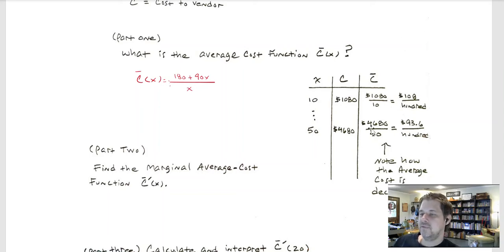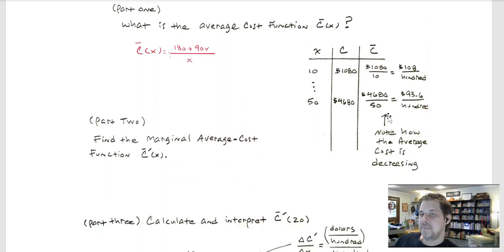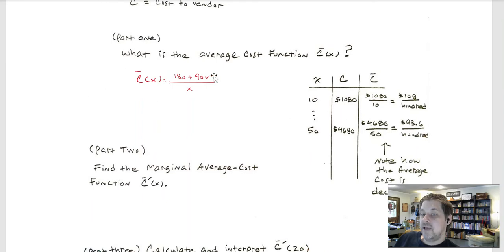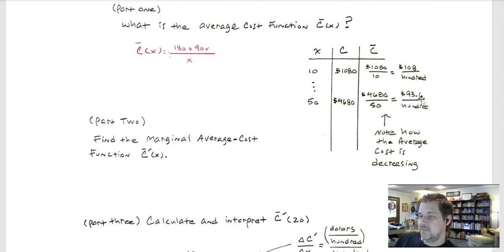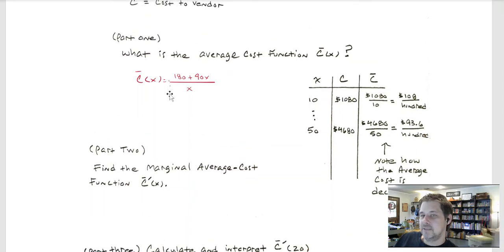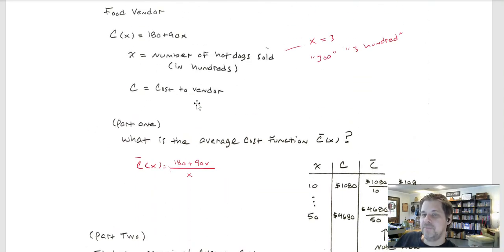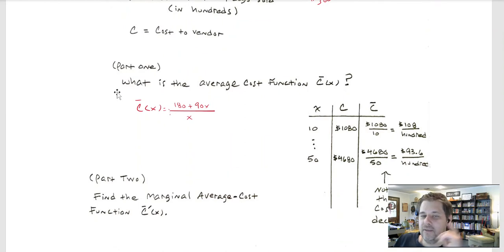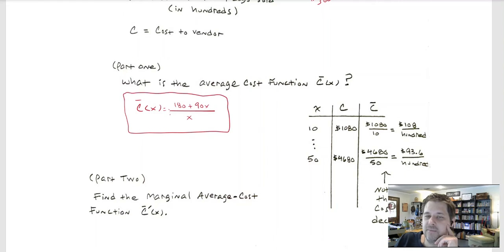That's how each of these was found. Rather than just tell you that's what it is, hopefully thinking about what the word average means makes it make sense. So there is my average cost function: always just take the cost and divide by the number of units.